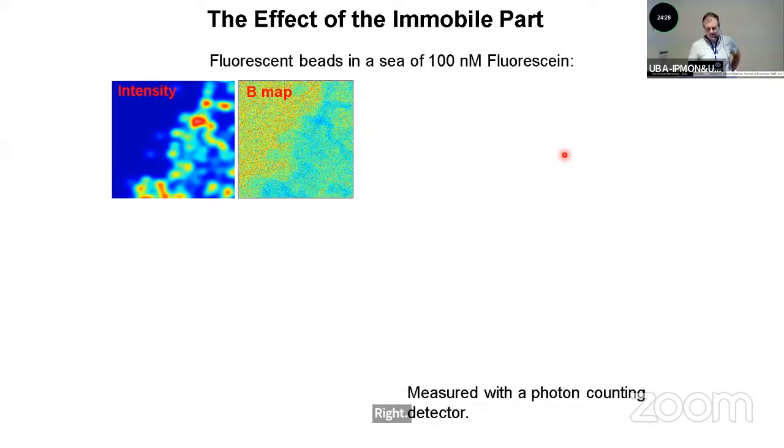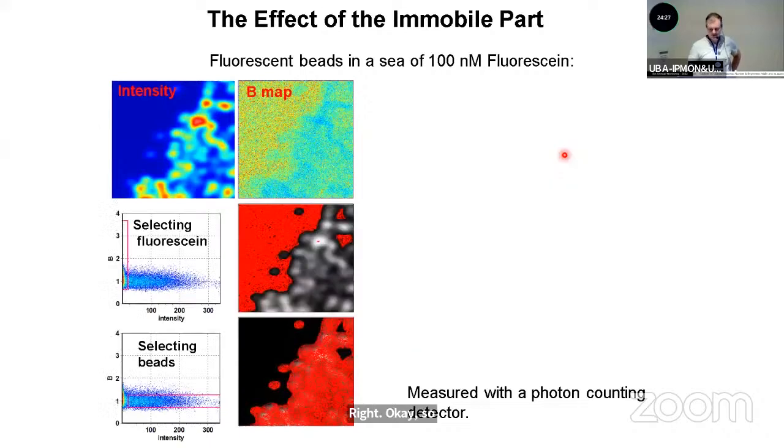Okay, so this is an example in which we have a solution of fluorescent beads and fluorescein. Fluorescent beads are quiet during the acquisition, while the fluorescein can diffuse all over because it's a very fast diffusing molecule.